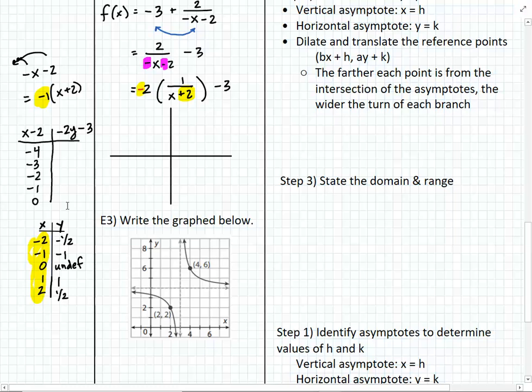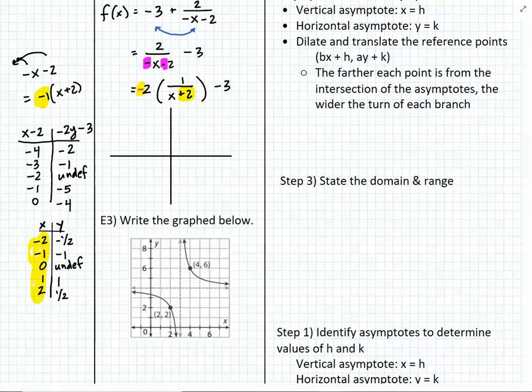And 2 times -1/2, that's -1, minus 3 is -4. Sorry, I'm plugging in the -1: that's 2 minus 3 is -1. And here comes my undefined. And plugging in the other value gets me a -5, and you substitute 1/2, and 1/2 of 2 is 1, minus 3 is -2.